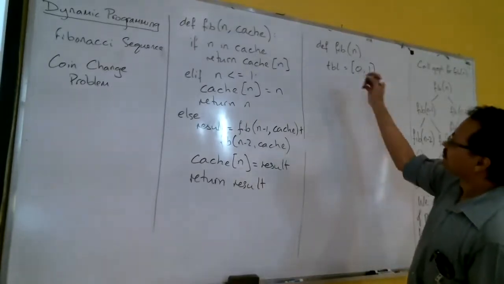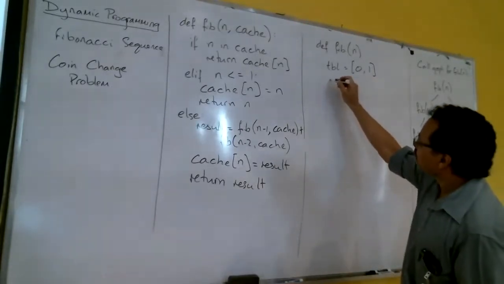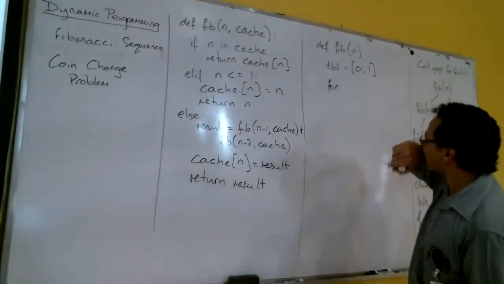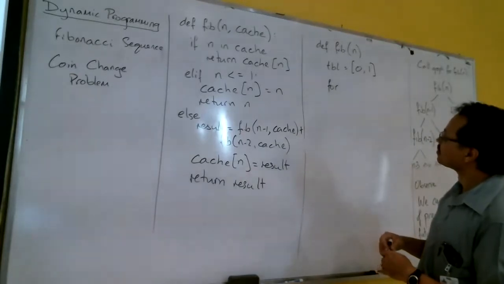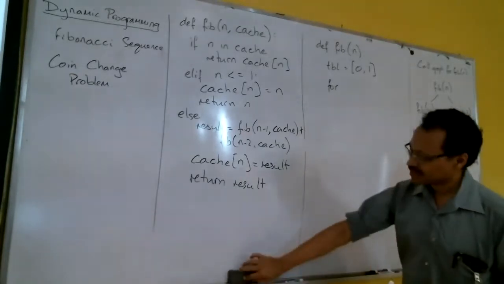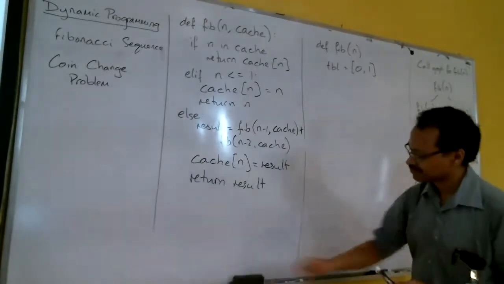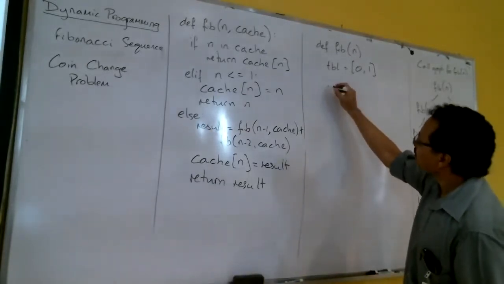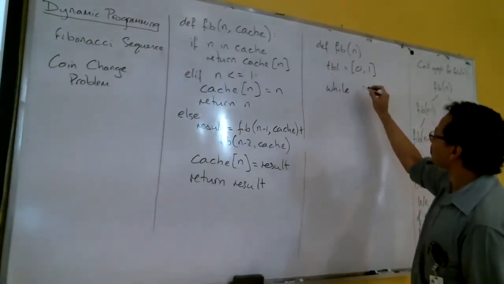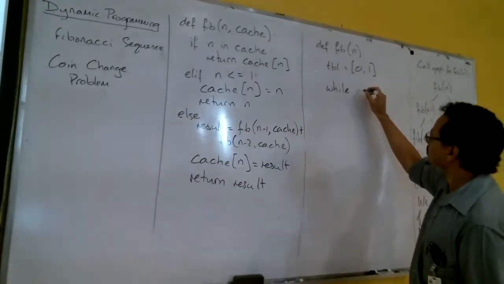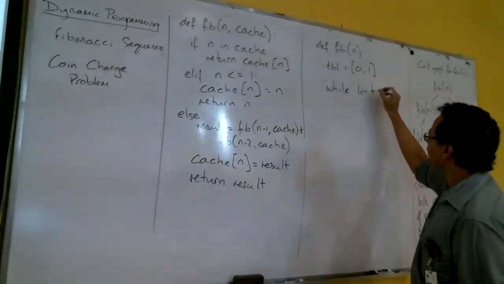So I guess I could say for, I'm going to actually say while. I could do for, but which one do I want to say? Length of table less than?